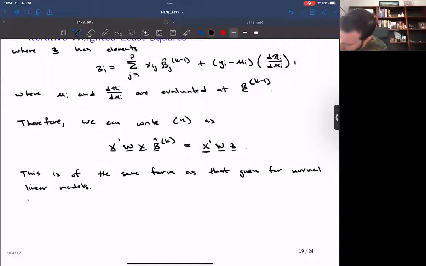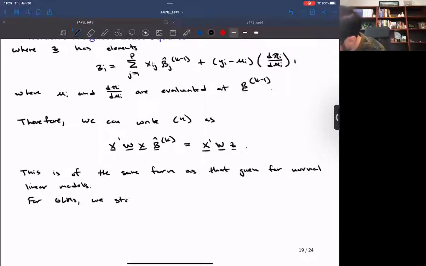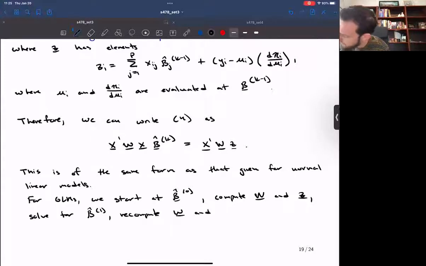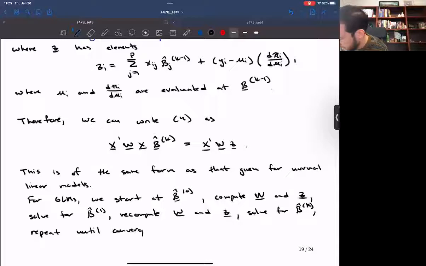So then we can say for GLMs, we start at beta hat 0, compute W and Z, solve for beta hat 1, recompute W and Z, solve for beta hat K, repeat until convergence.